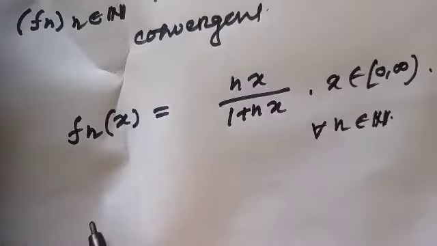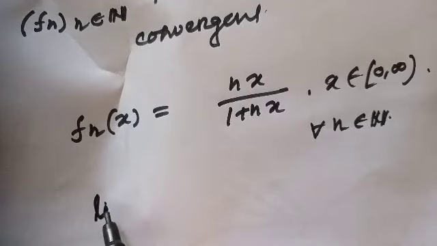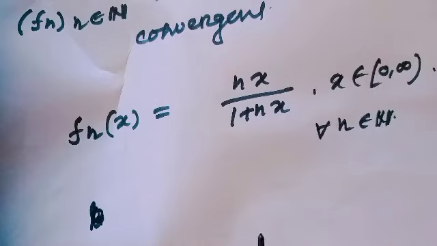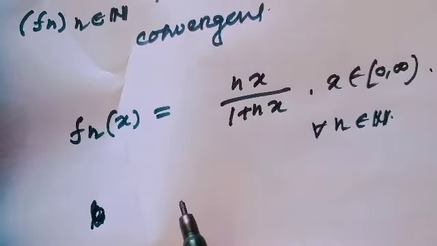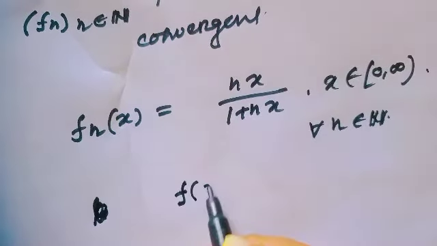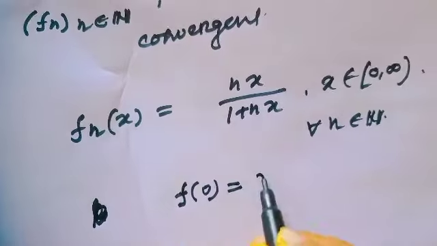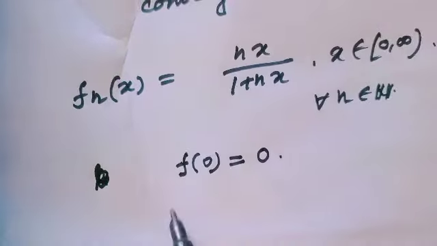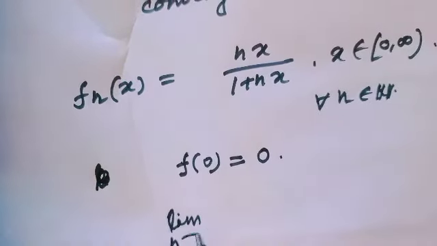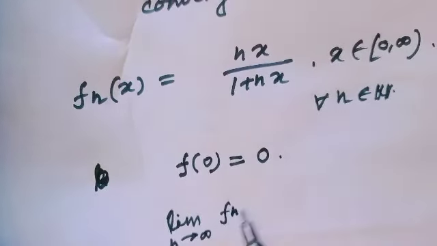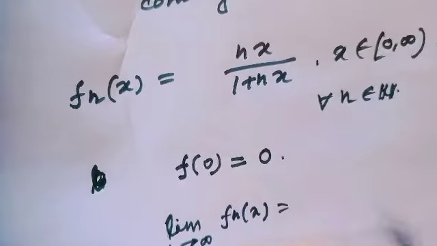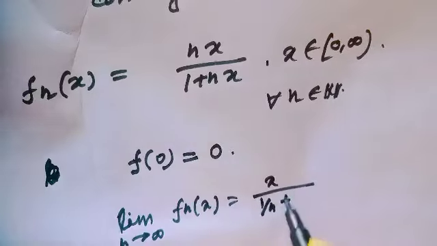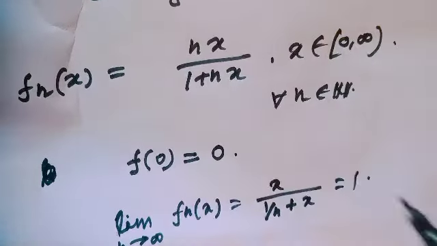And notice, pointwise convergence means first we have to find the limit. Notice here one thing: fn(0) equals 0, and similar to before, the limit as n tends to infinity of fn(x) equals x over 1 over n plus x, which is equal to 1.